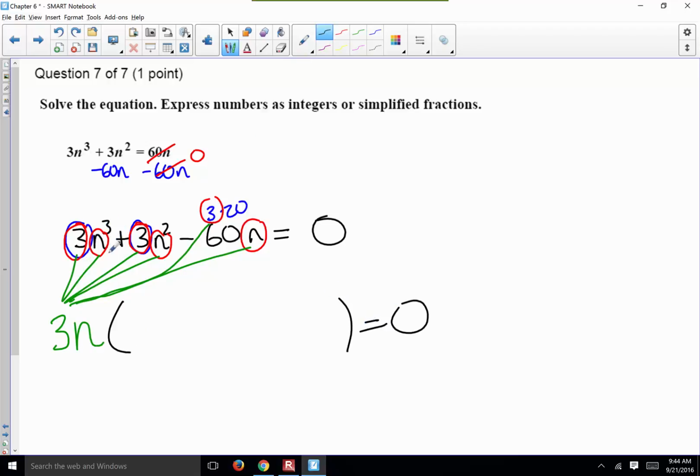So this is gonna turn into 3, and n cubed turns into only n squared. There is still 1 n left. And 3 gone, what is left? Yes. It's minus sign with 20.